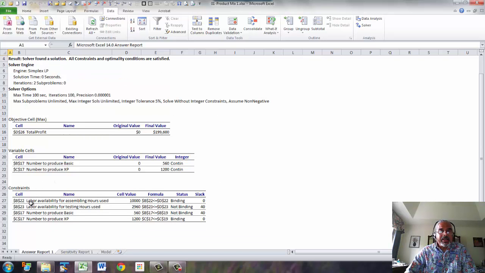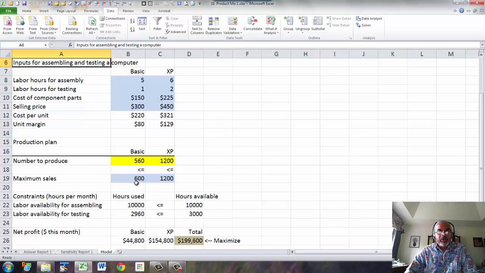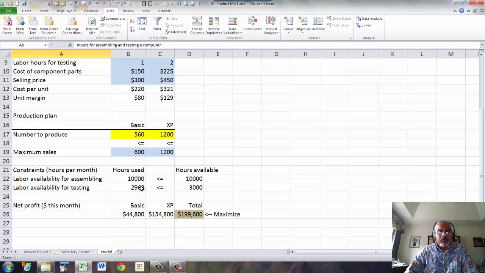Now, for each of the constraints, we're also given what are called binding and non-binding status. Some of the constraints are binding if the left-hand side and the right-hand side are equal. For example, let's go back to the model tab. Here, if you look at the hours used for assembly time, all of the 10,000 hours available are being used.